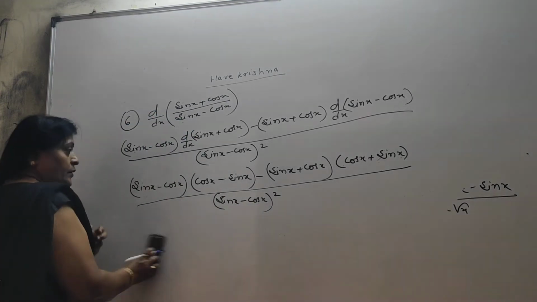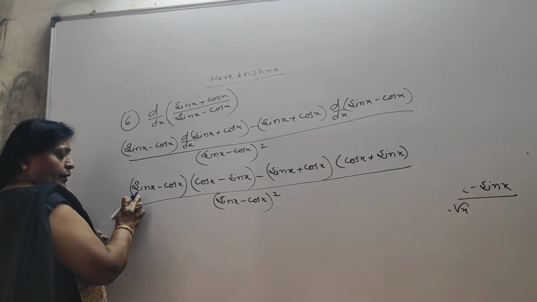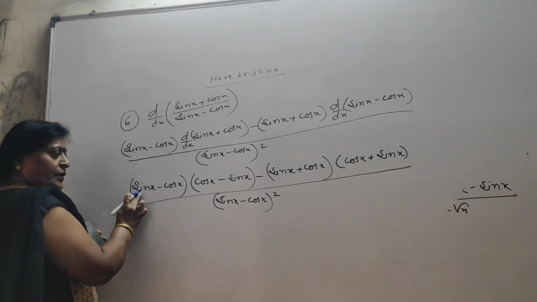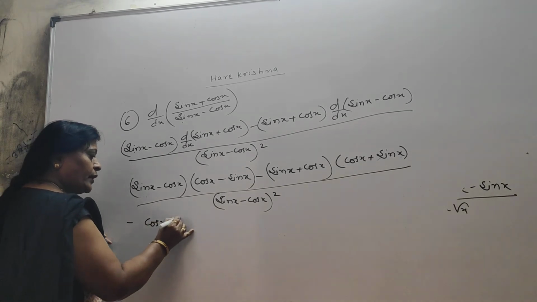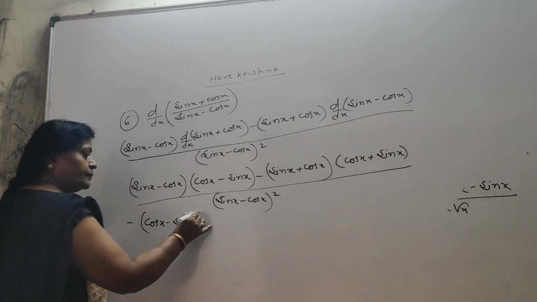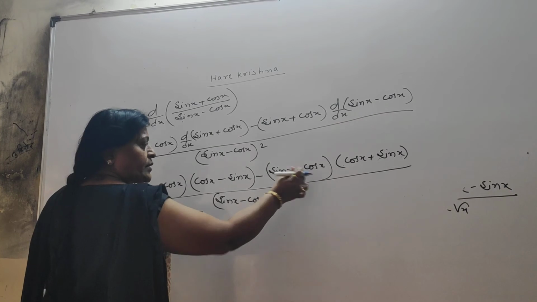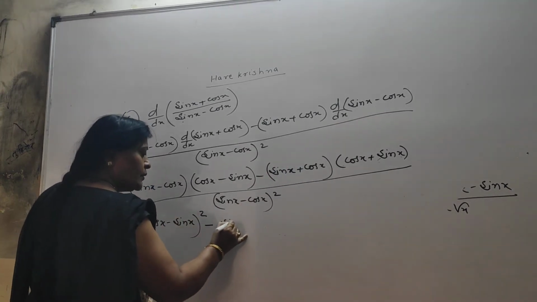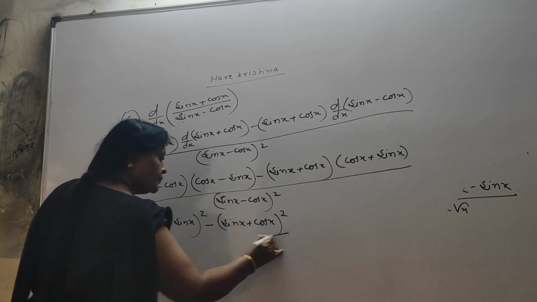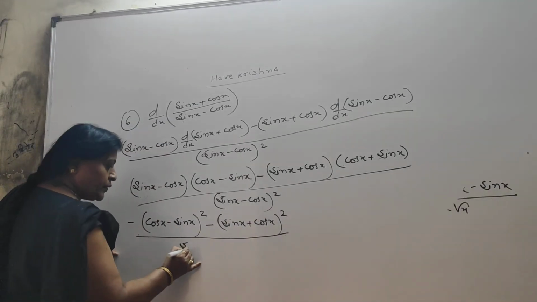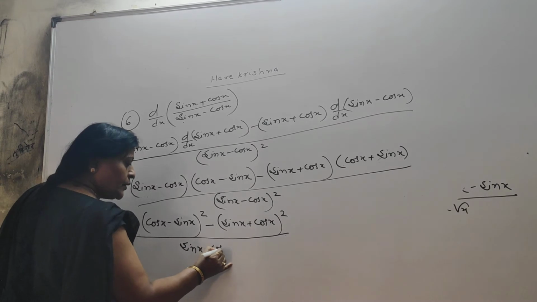Again, if you observe this, suppose you take minus sign common, here you will get cos x minus sin x, cos x minus sin x, here you can write (cos x minus sin x) whole square. Again, sin x plus cos x, sin x plus cos x, that is (sin x plus cos x) whole square, over (sin x minus cos x) whole square.